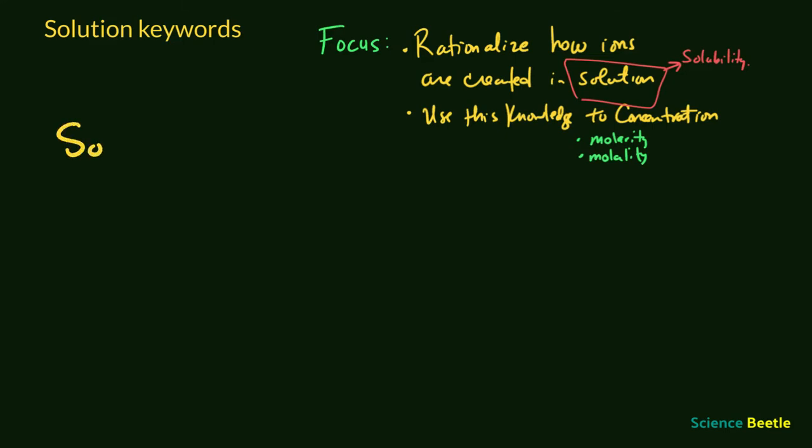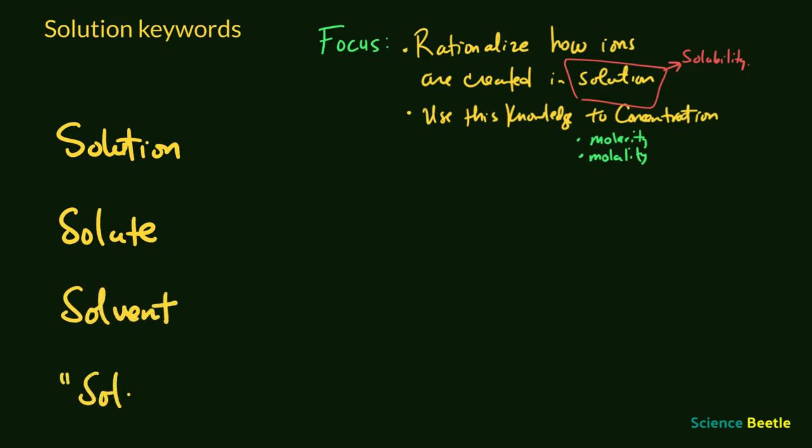We need to talk about what a solution is, what a solute is, a solvent, to be soluble, or to be insoluble. Okay, these are all important words that we need to know.